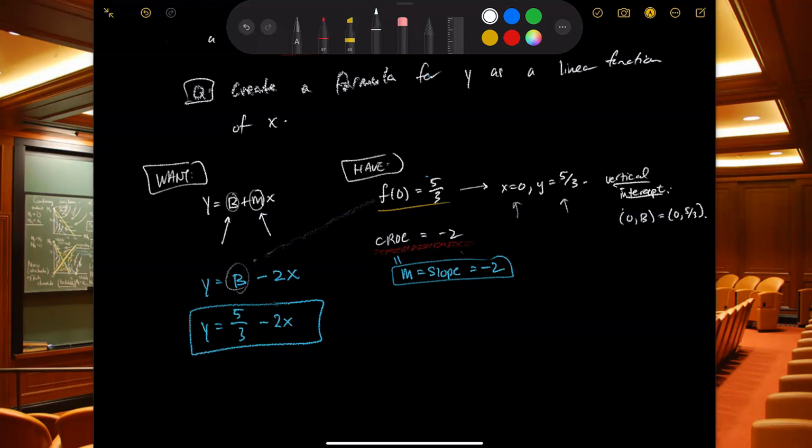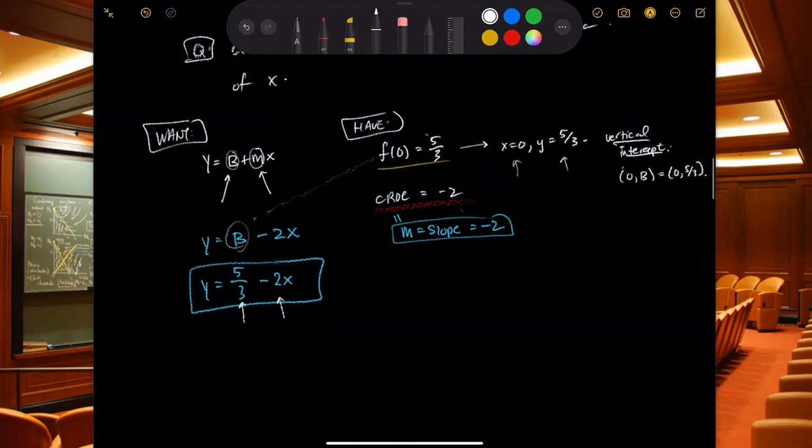And again, what's the nice thing about y equals b plus mx form? It's got everything you need right here, the point and the slope. So if I wanted to graph, we've solved the problem and we're good to go. But if I wanted a different perspective, go to a graph, I would know that this graph starts at 5/3, so here's 1, 2, 3.